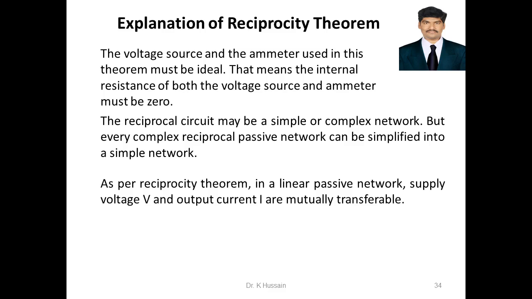That is the meaning of the reciprocity theorem. How to find that, we'll see in the steps. The ratio of V and I, V by I, is called the transfer resistance.